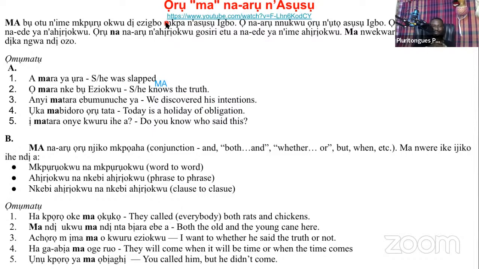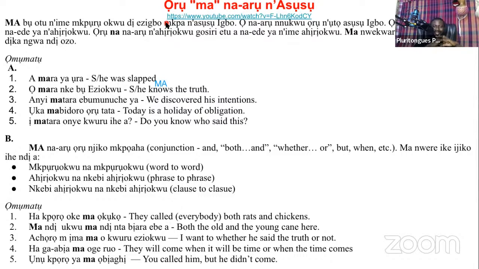Oke is rat. Ha kpọrọ oke ma ọkụkọ. Now, oke is rat. Ọkụkọ is of course chicken.